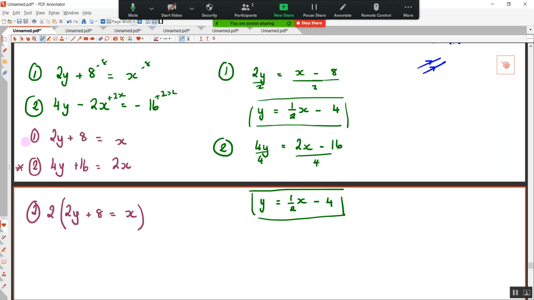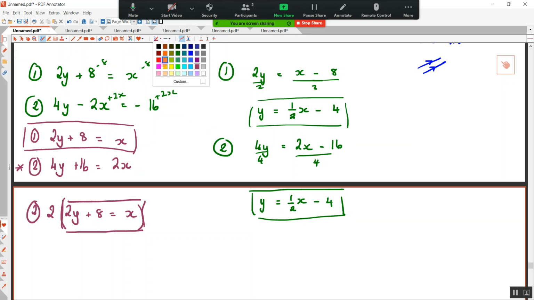So we can already see that if I've got the same bit there and it's just multiplied by something, I'm going to end up with the same equation. So I've got 2 methods to do. I either look at it like that, or I convert it into gradient intercept and show that they're the same. Okay, make sense? Yeah.